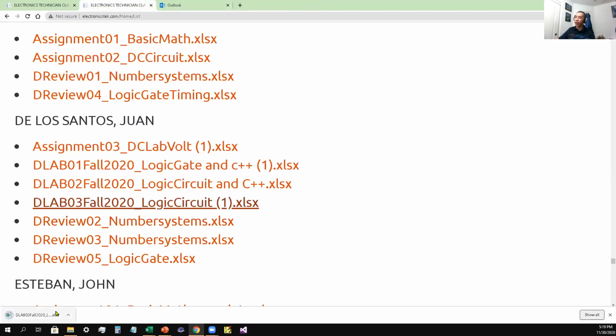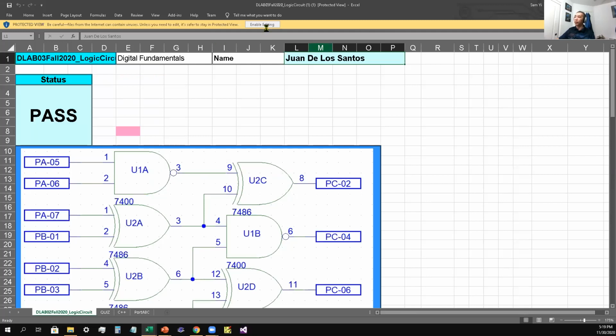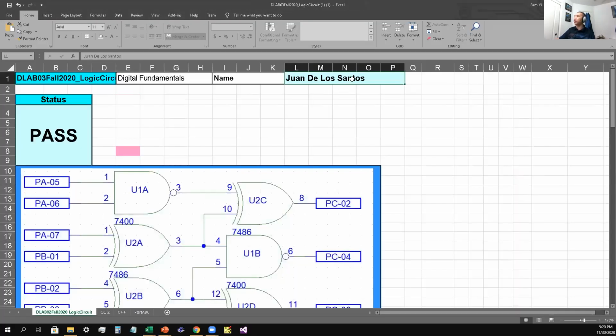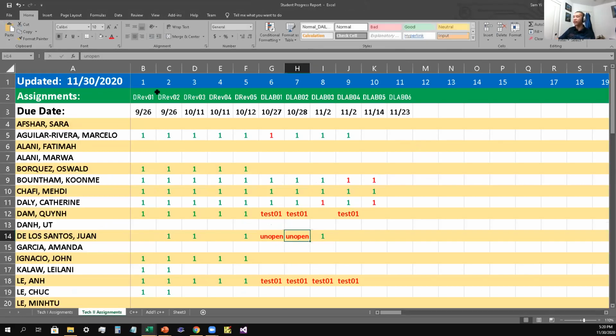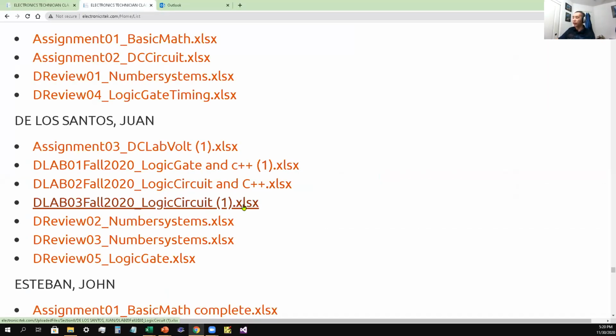I click it and it opens right away. So the other two, make sure you redo that, and like I said, just put the name of the assignment with the dot extension XLSX, and that will cover it, similar to this one.